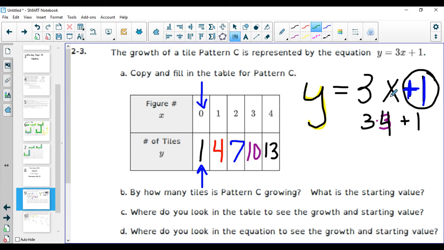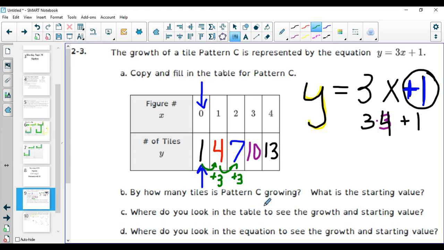Then, because we're always multiplying our figure number by 3, and multiplication is just repeated addition, we're adding groups of 3. So you will see that we're always adding 3. And that repeats for every figure number. So we know it's going up by 3 and it started at 1.